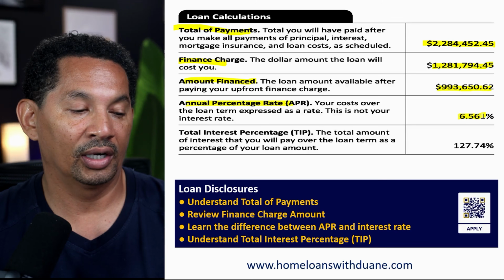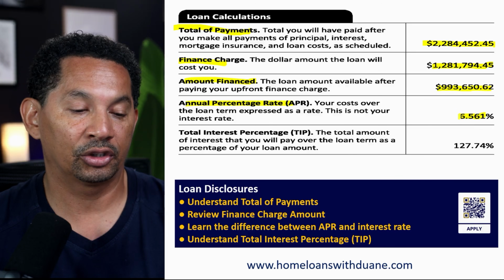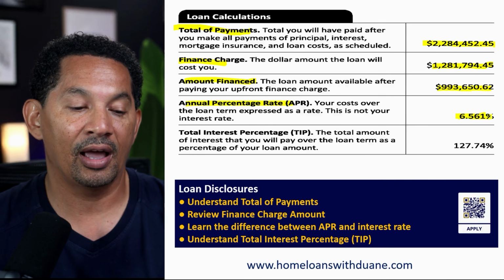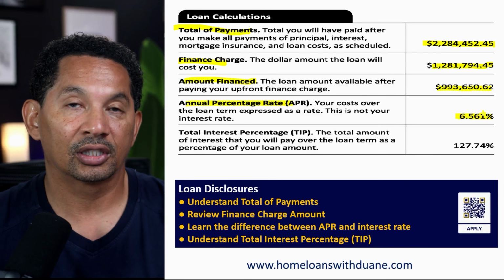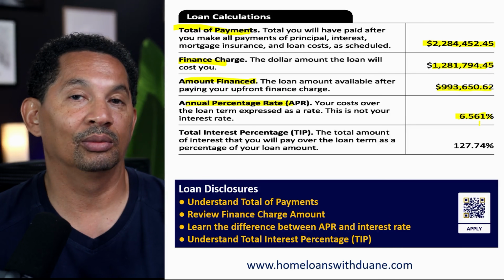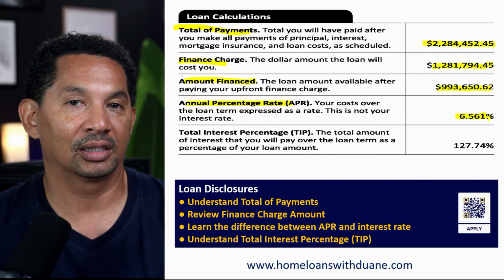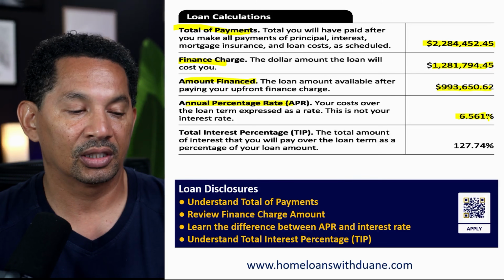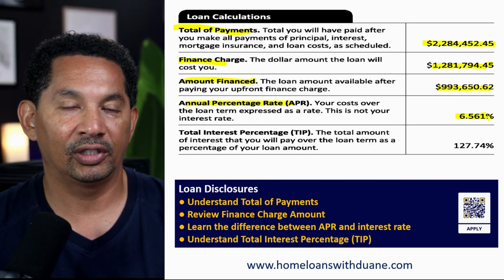Your fees are expressed as a rate. So they're going to be on top of your interest rate. I locked this in at 6.5%. So the fees on this loan come to 0.61%, which is very low. If it was a no cost, then it would just be at 6.5%. So this is how you know if you're getting a loan that has high fees or not.